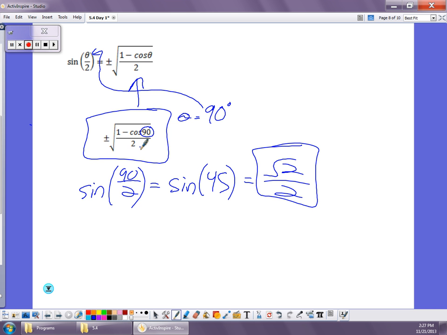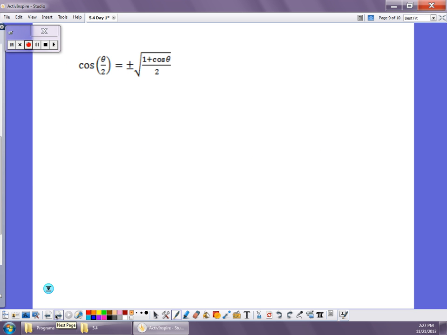So that's the half angle for sine. Again, we're really just doing some matching here and then solving once we figure out which identity it is. Here's the cosine half angle formula, and an example for one like this might be plus or minus the square root of 1 plus cosine 60 over 2.